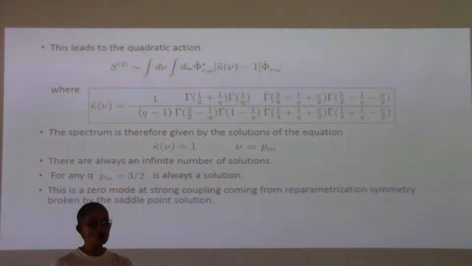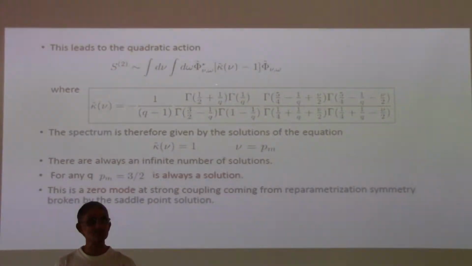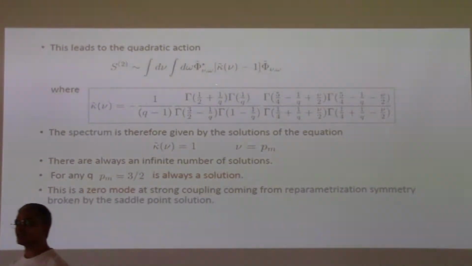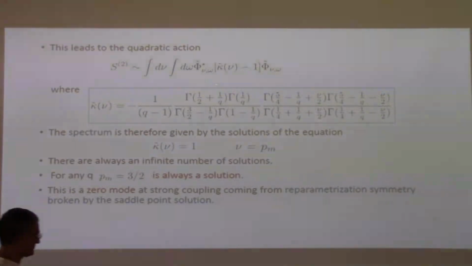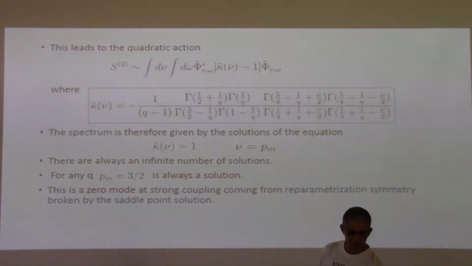However, I should warn you, this is not really a symmetry of the full theory. It's only a symmetry in the strong coupling limit. So the zero mode cannot really be an exact zero mode. In fact, there will be an effective action for this mode. The effective action will be given by the parameter which actually controls the smallness in the IR limit. This is the famous Schwarzian action which describes the dynamics of this mode.